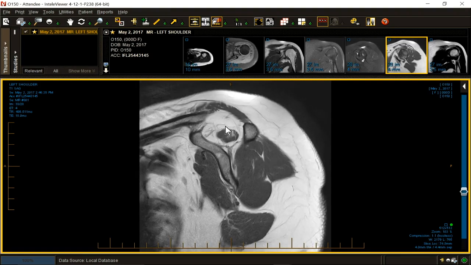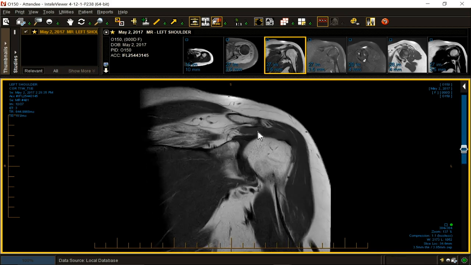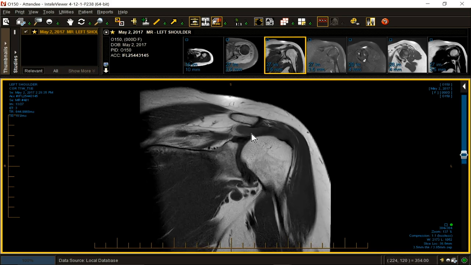We talked about the assessment of muscle size and how it influences what you're going to do for a patient. For instance, in this case, we have grade 3 out of 3 fatty infiltration.